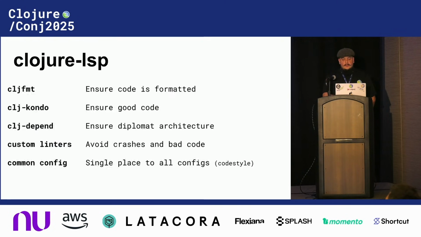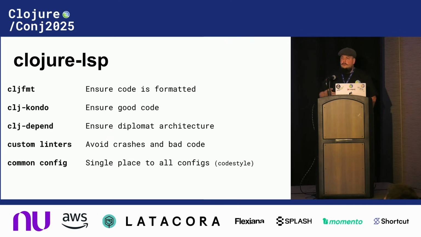First, to give a little bit of context: at Nubank, we use Clojure LSP. For those who don't know, Clojure LSP is the language server for Clojure, and it uses a lot of other libraries to provide some canonical ways to define guidelines. It uses CLJ-kondo to ensure that your code is formatted.